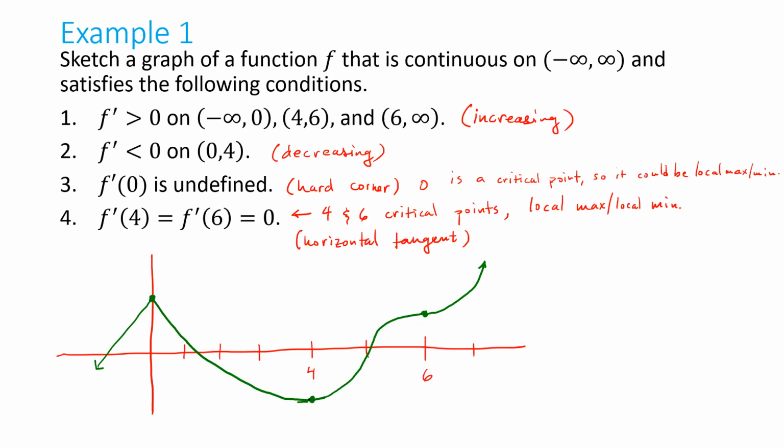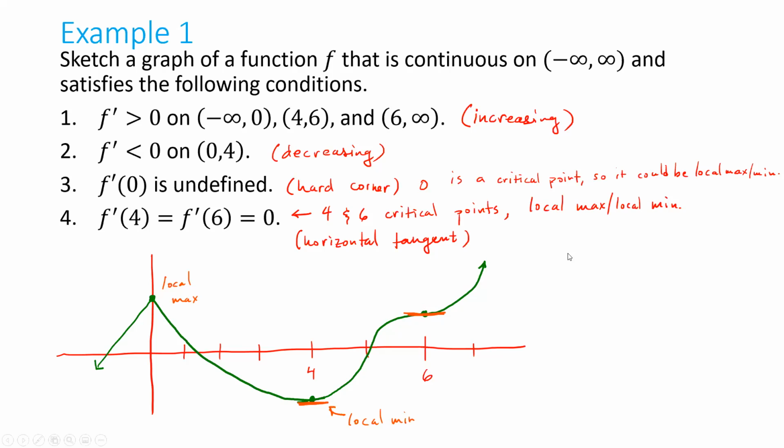Notice actually this is a local min. This is a local max. 6 is actually not a local min nor a local max because it doesn't change directions there. It levels out for a moment, but then it continues to grow.